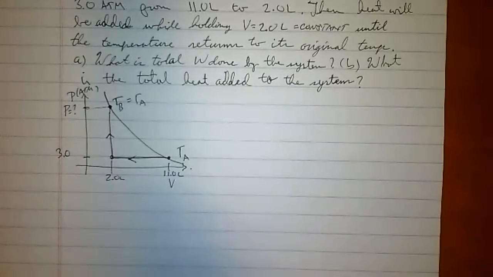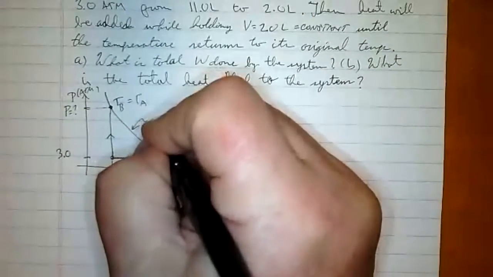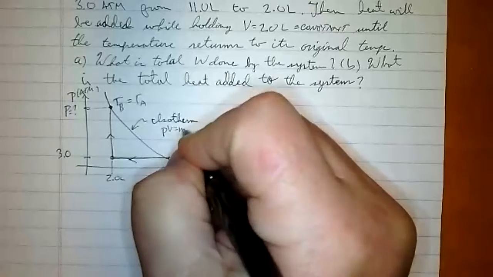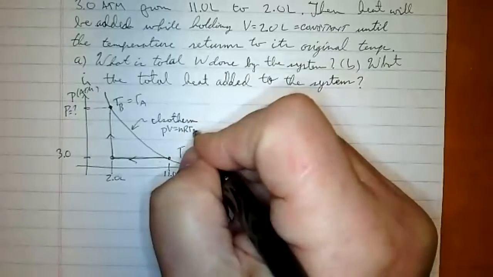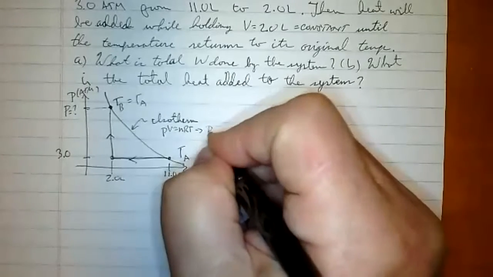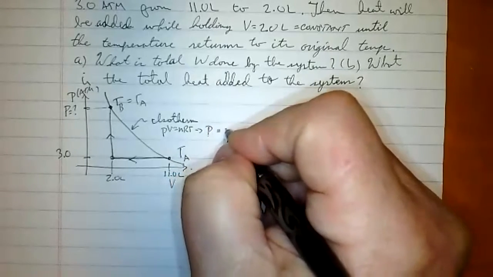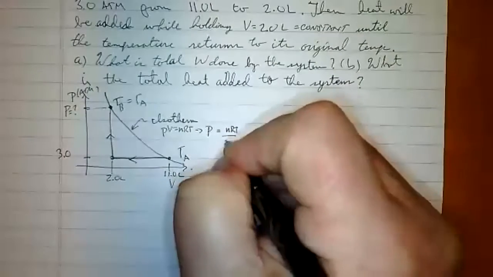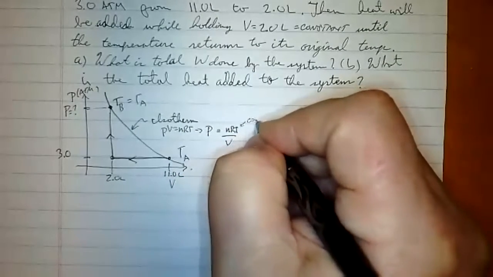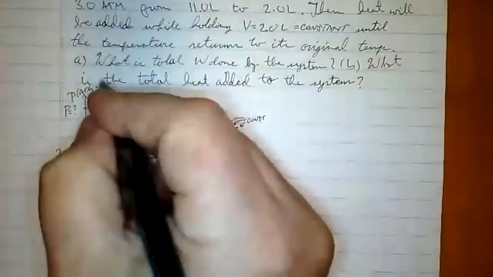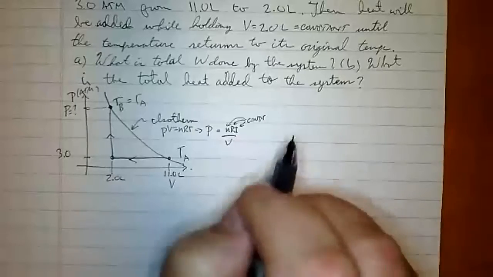Remember, this is an isotherm. The equation for it is PV equals nRT, but T is a constant. So P on the vertical axis is equal to nRT, which is a constant, over V. So P equals some constant over V.